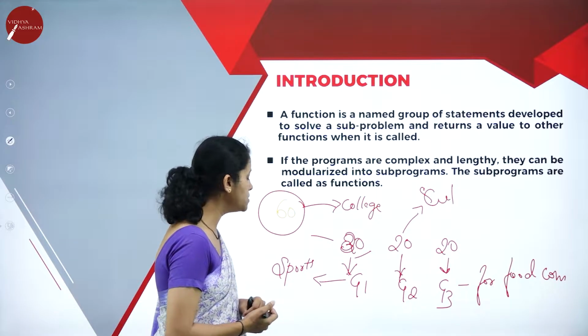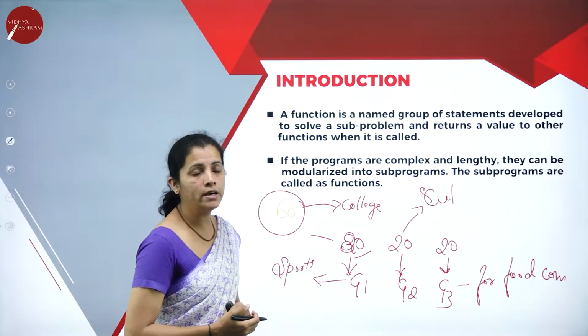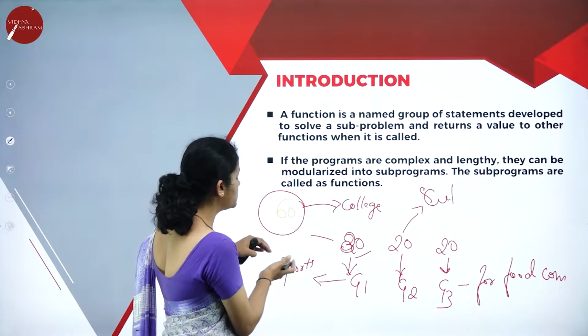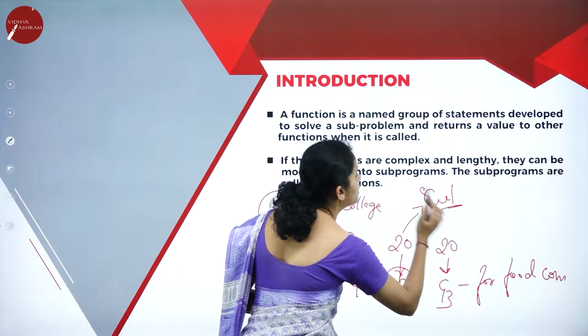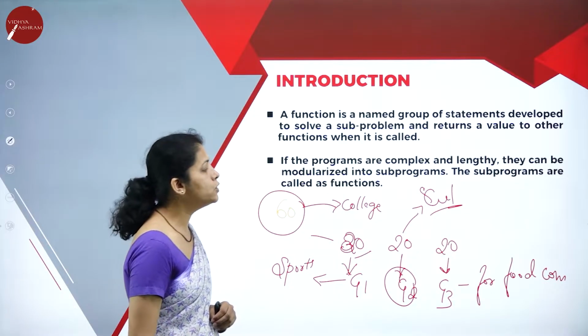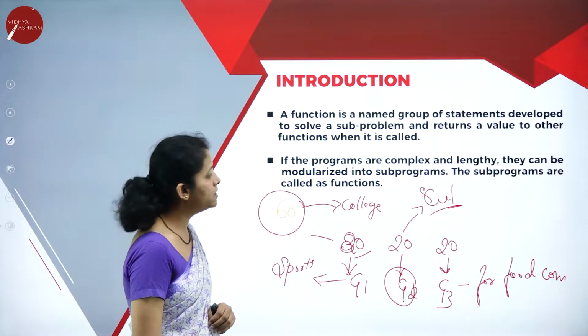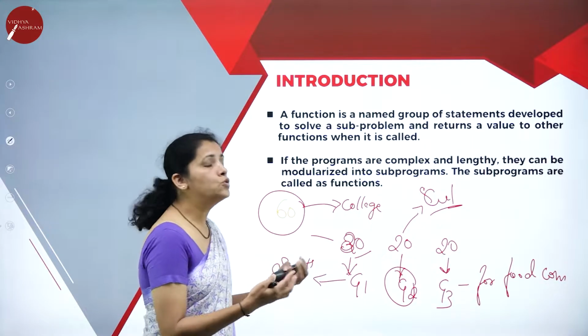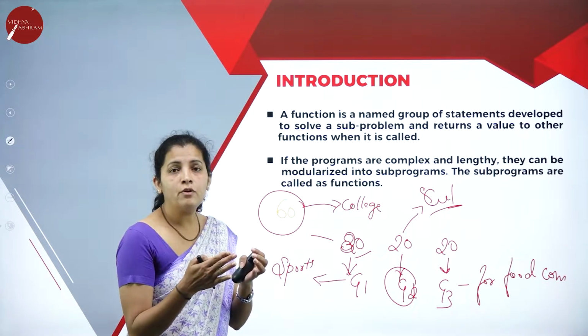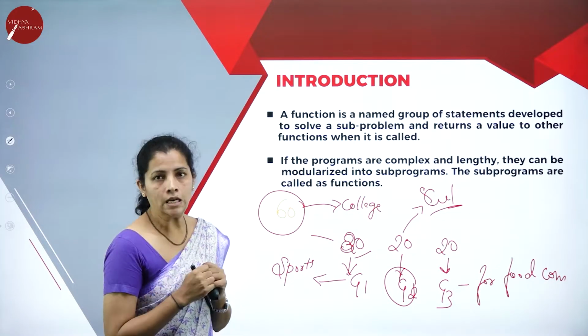And what's the responsibility of each group? Group 1 is responsible for sports. Group 2 is responsible for cultural activity. And group 3 is responsible for food committee. Now, each group is responsible for performing a specific task.